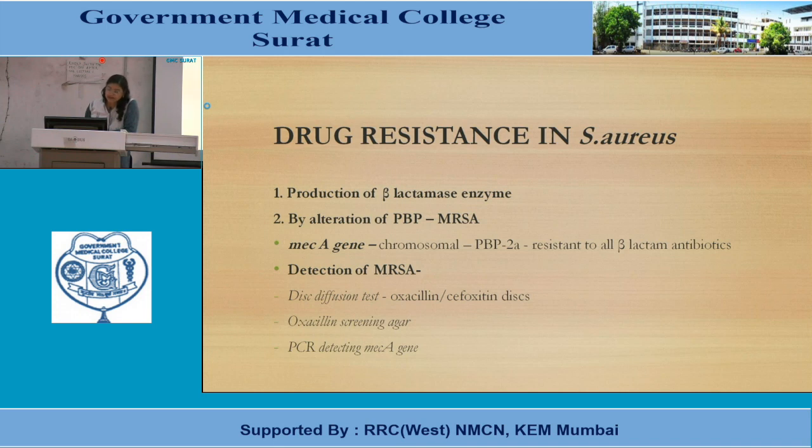So due to the mecA gene present in some strains, this PBP converts into PBP2A. The penicillin binding protein is a crucial protein which helps in the cell wall synthesis of bacteria.